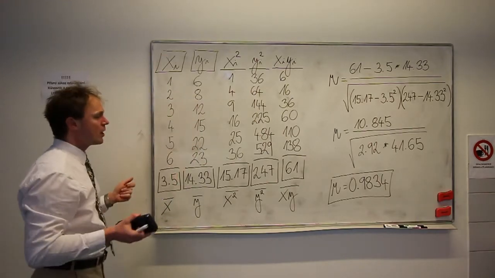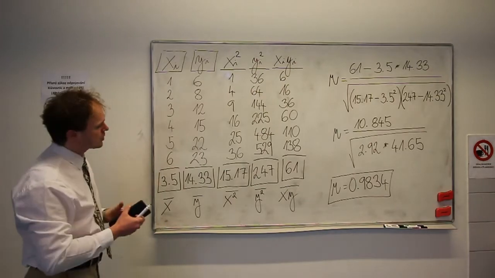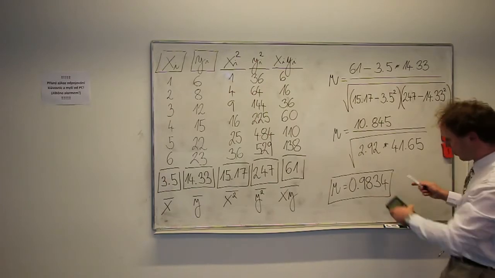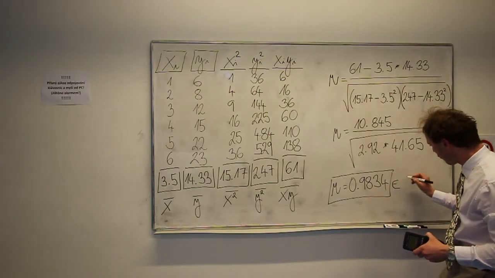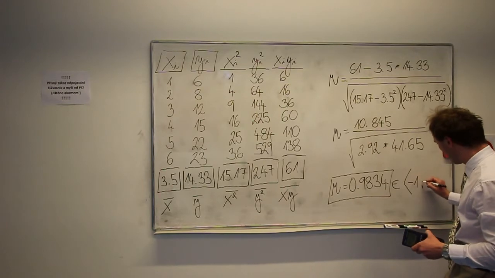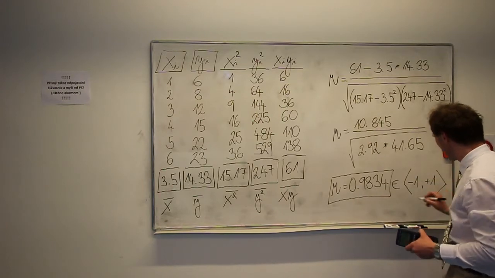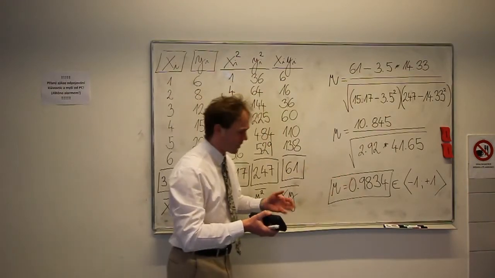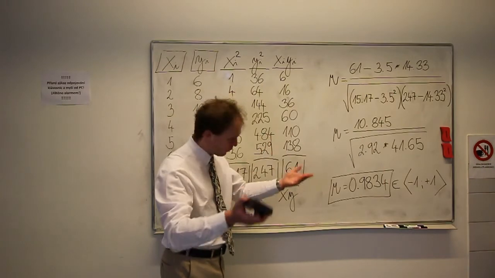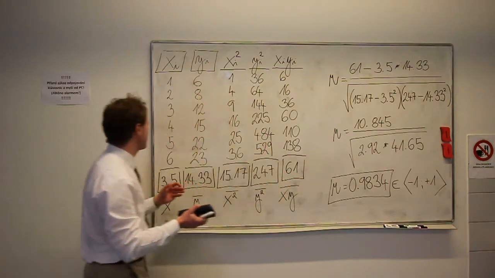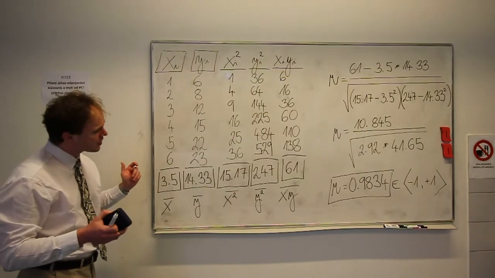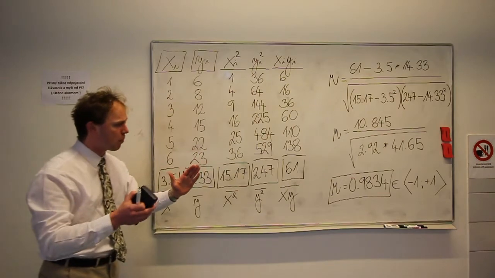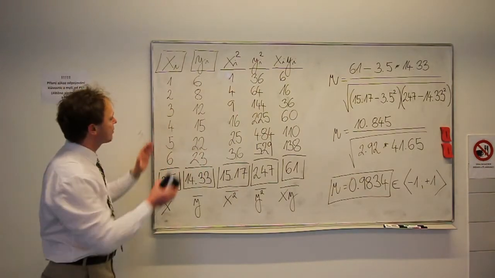Yes, it doesn't matter the direction of this dependence, but we must know that this coefficient is element of range -1 and +1. Yes, if this correlation coefficient is close to -1, there is a strong negative correlation, strong negative dependence between two variables. If this coefficient is close to +1, there is a strong positive correlation between these variables.